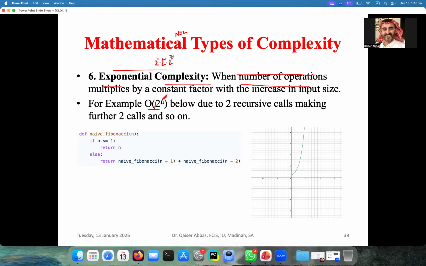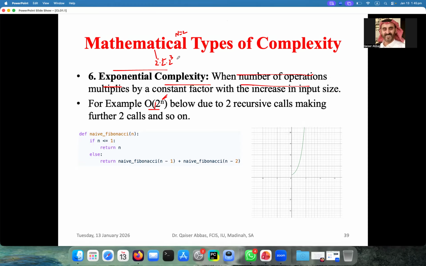If an algorithm has the size n equal to 1, then the complexity is 2 raised to the power 1, which is 2. If the input has the size 2, then the complexity is 4. From 2, it is becoming double. Then if the size is 3, 2 multiplied by 2 multiplied by 2 becomes 8. Two 2s are 4 and four 2s are 8.